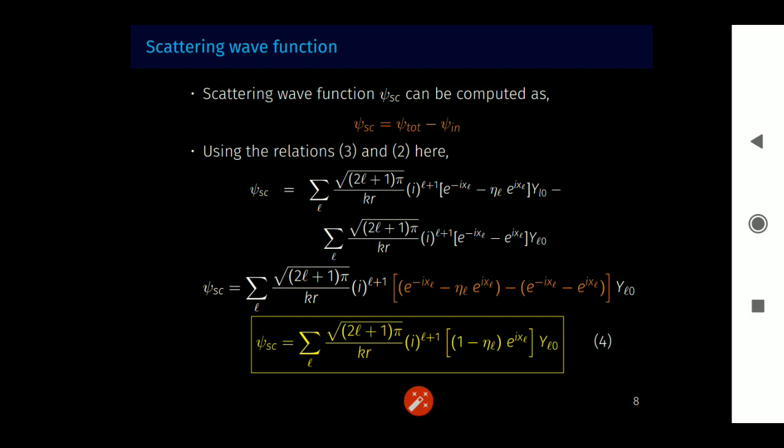times Y_L0, the spherical harmonic function. Then we have to determine the scattering cross section in order to compare with the experimental result. To do that, what we need are the number values. N incident is the number of particles crossing a unit area per second and incident on the target.